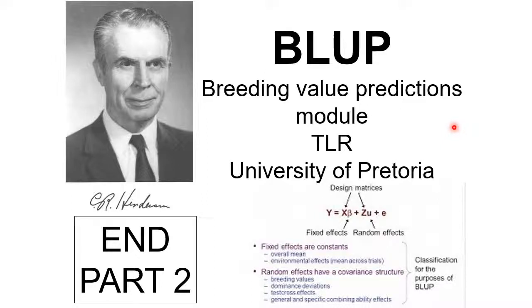If we only have two levels like sex 1 and sex 2, there will only be two rows. If we have, let's say, 5 more herds, then it will be 5 herds plus the 2 sexes. That will be 7 levels, 7 rows in our column vector. And then each animal will have an element in the rest of that column vector, because that would be the unknown additive value or breeding value of that animal.